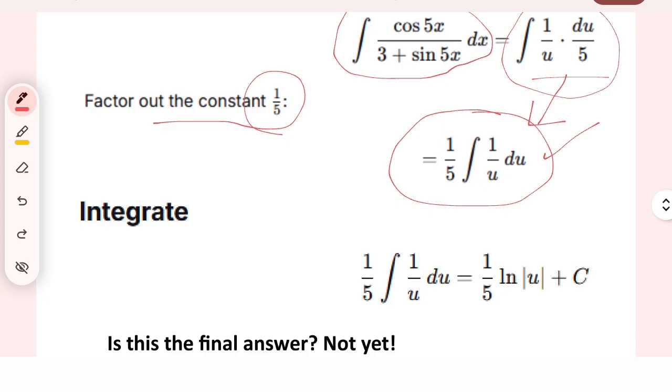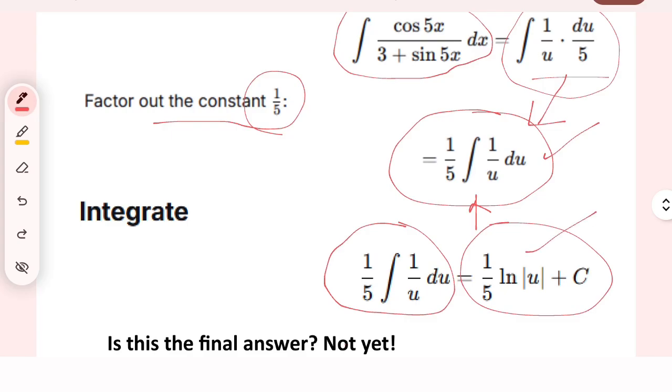Once we have that, we integrate this, and the integral is very easy. It's 1/5 ln u plus c. The integral of 1 over u du is ln u plus c, and you can memorize it.